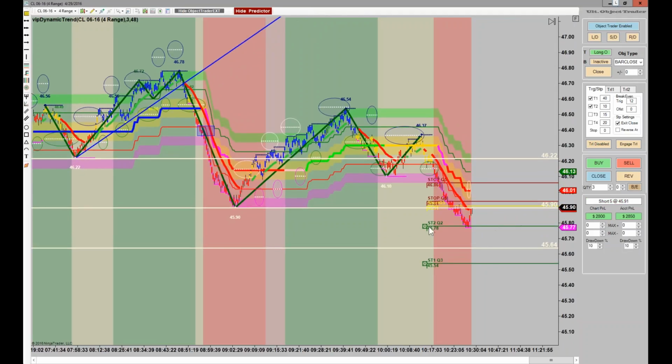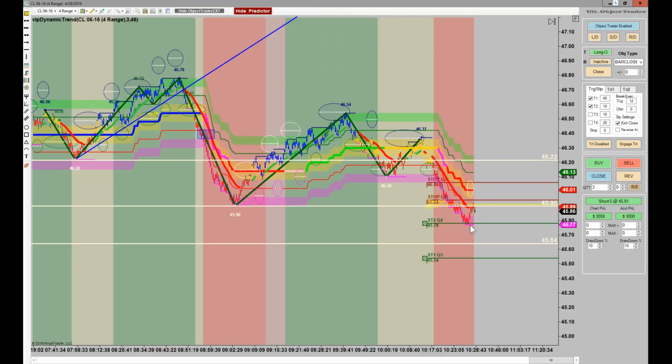And if it takes me out, it takes me out, but I'm trusting that resistance area right there. Target's right there at 77. See where they come back and they kiss these lines? Pretty good way to trade.